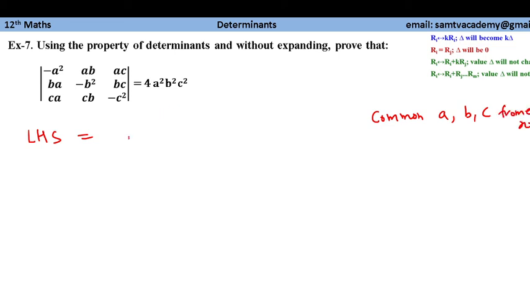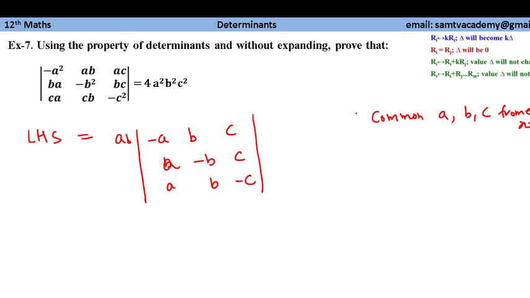From the first row we are taking out A, so it will become minus A, B and C. Second row we are taking B, so it will become A, minus B and C. Now third row we are taking C common, so it will remain A, B and minus C.